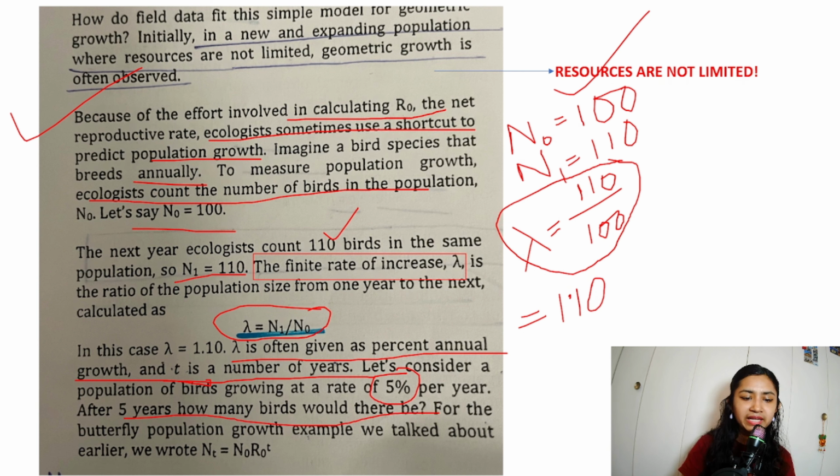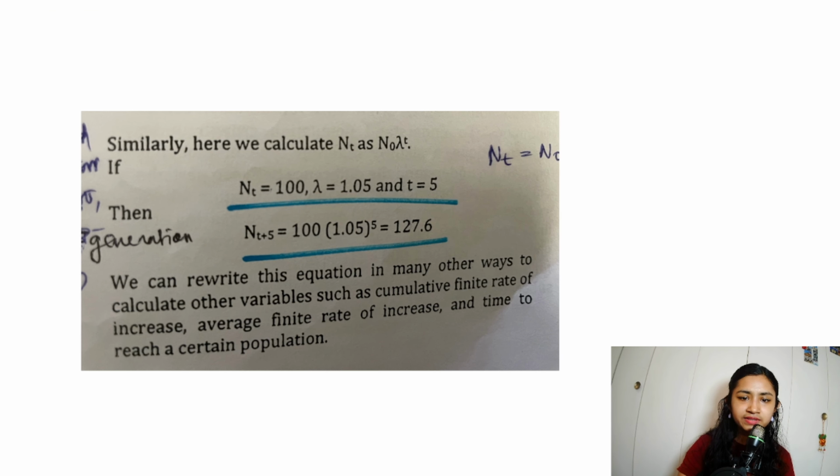For the butterfly population growth example we talked about earlier, we wrote Nt equal to N0 R0 to the power t. This was the old equation. But what's the new equation?